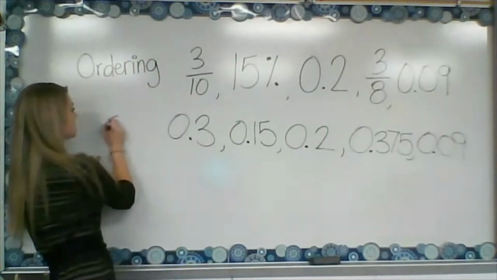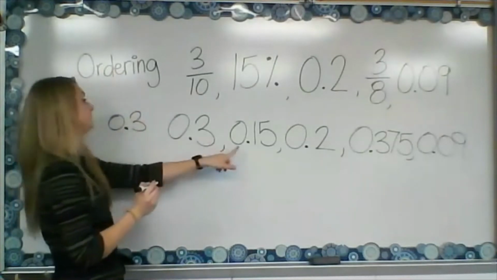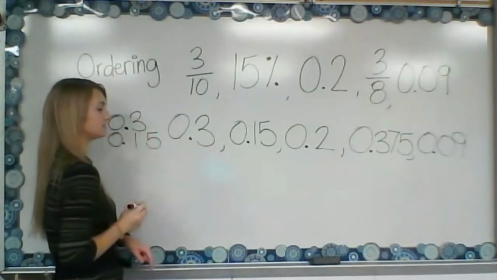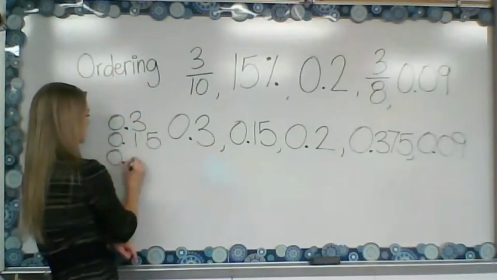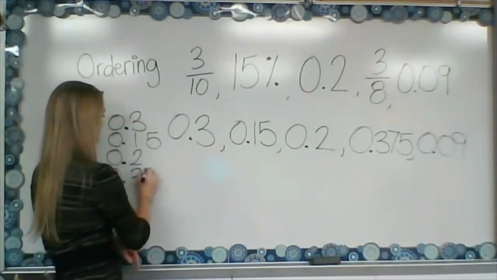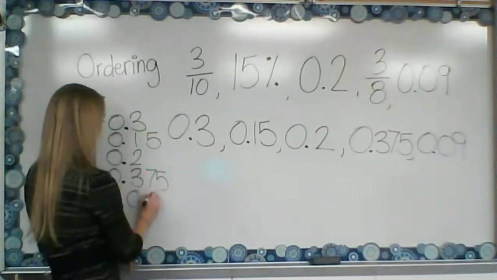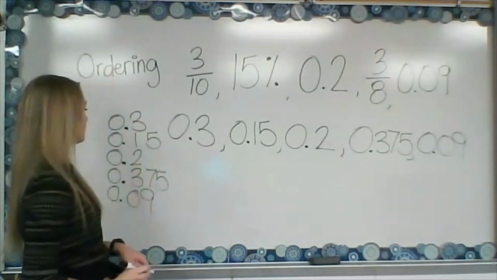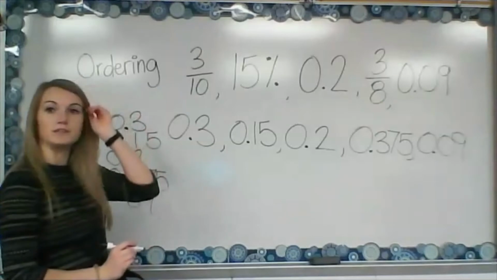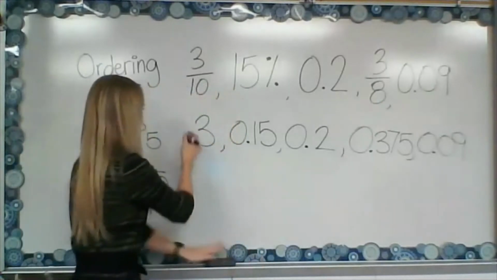So I'm going to start with 0 and 3/10. 0 and 15/100. 0 and 2/10. 0 and 375 thousandths. And 0 and 9/100. Now, the best thing for me to do is to fill the empty spots with zeros, because then I can compare them a lot easier.